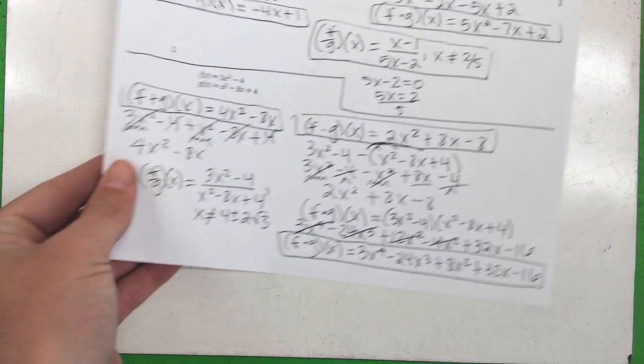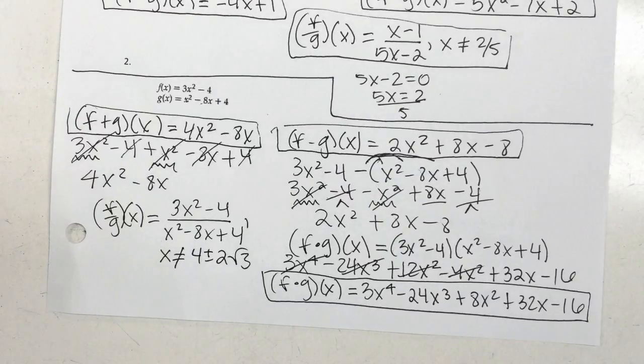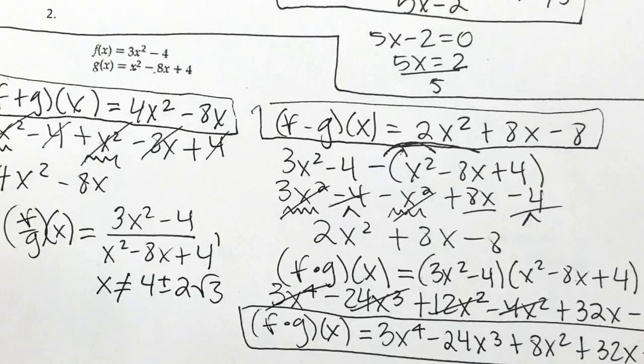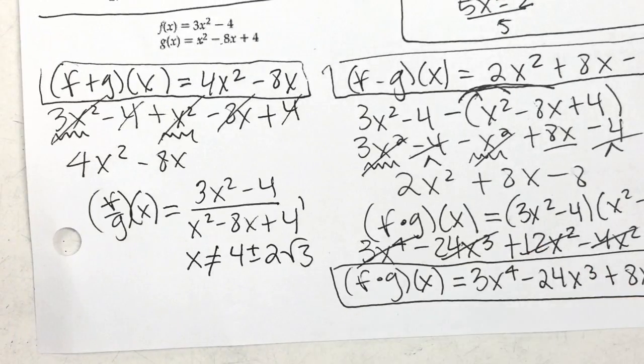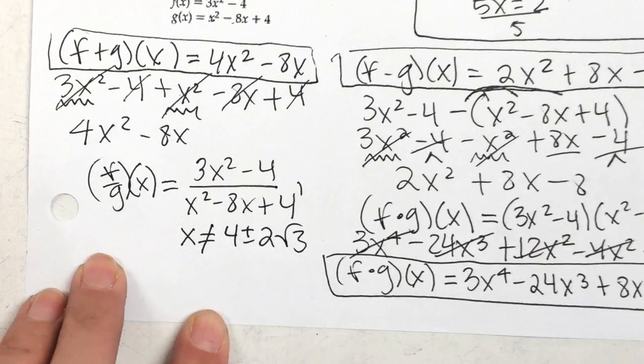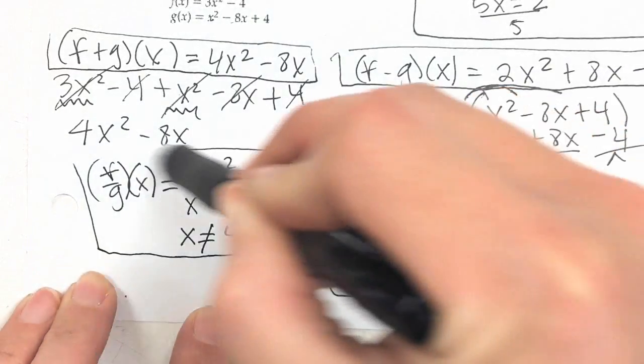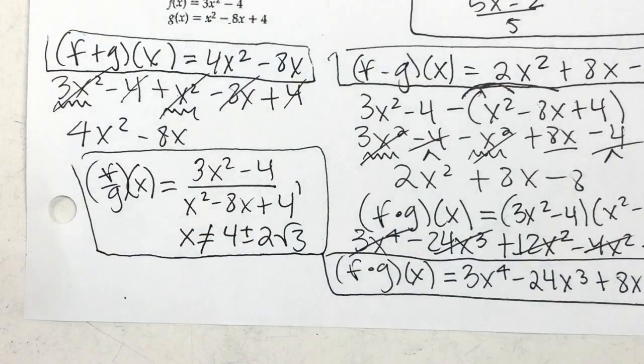Alright, how do we feel about adding, subtracting, multiplying, dividing? Feel pretty confident? Good? Okay. Any final questions before I move on? If you were able to factor it, how would that be?